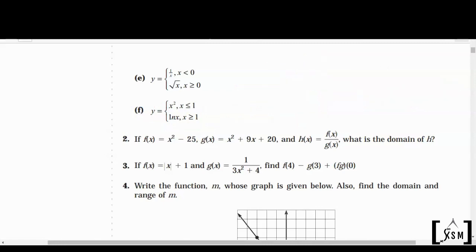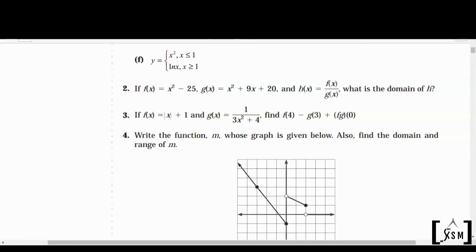Have a look at number 2. f(x) is given, g(x) is given, and h(x) is given as f(x) over g(x). What is the domain of h? So we have learned before the domain for any rational function, meaning the function where we have numerator and denominator.